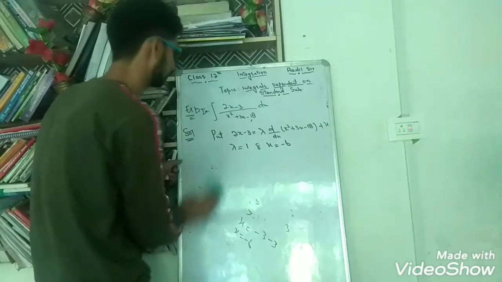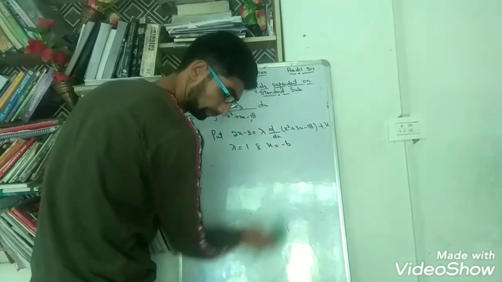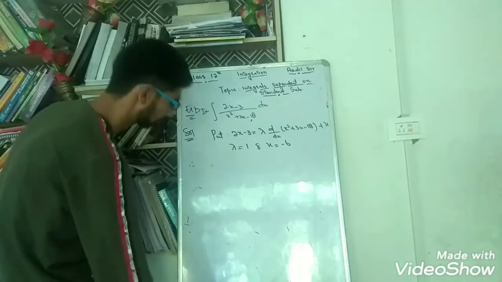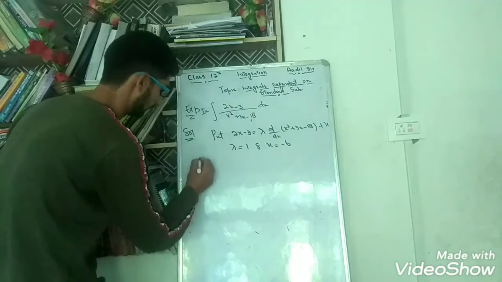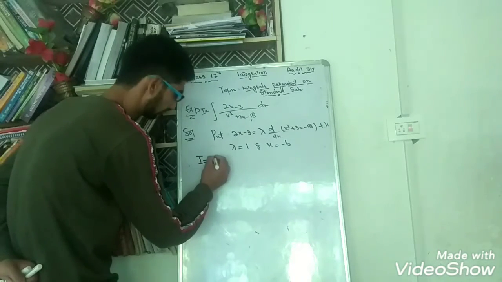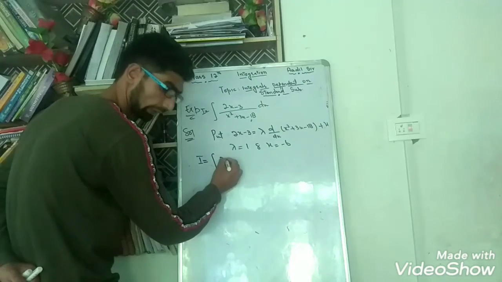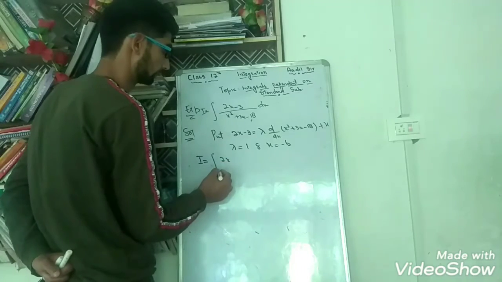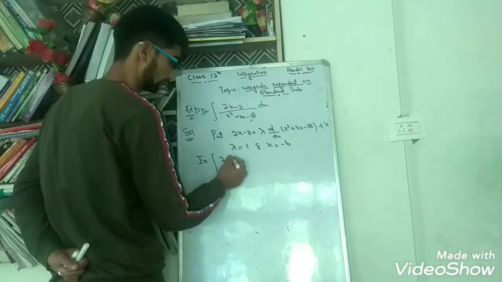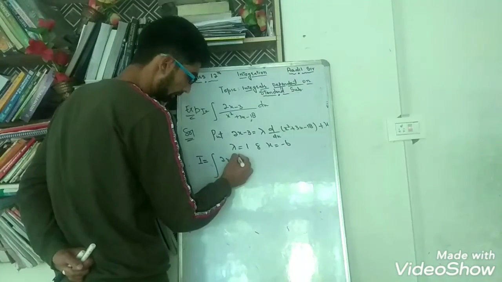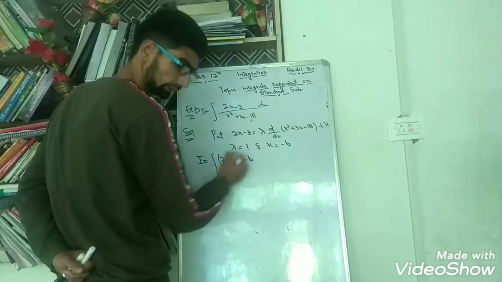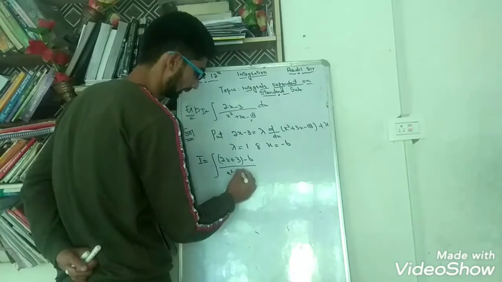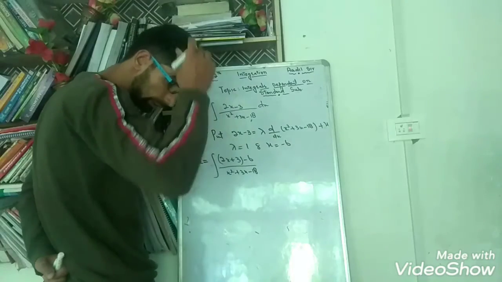Now we will make this substitution in our integral I. Therefore I equals (2x plus 3 minus 6) divided by (x square plus 3x minus 18).